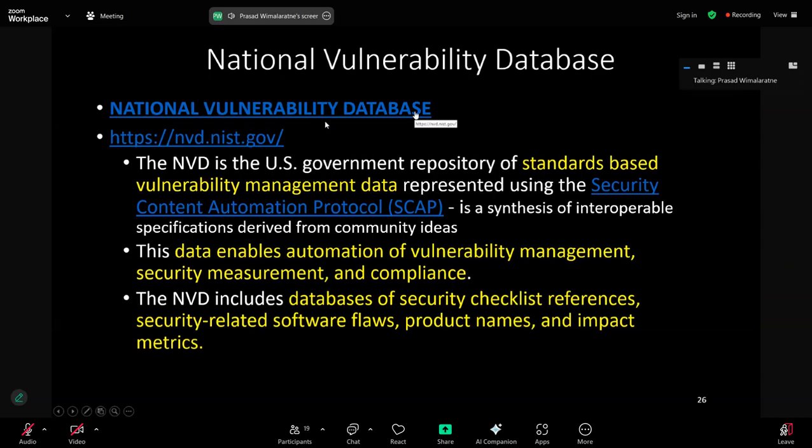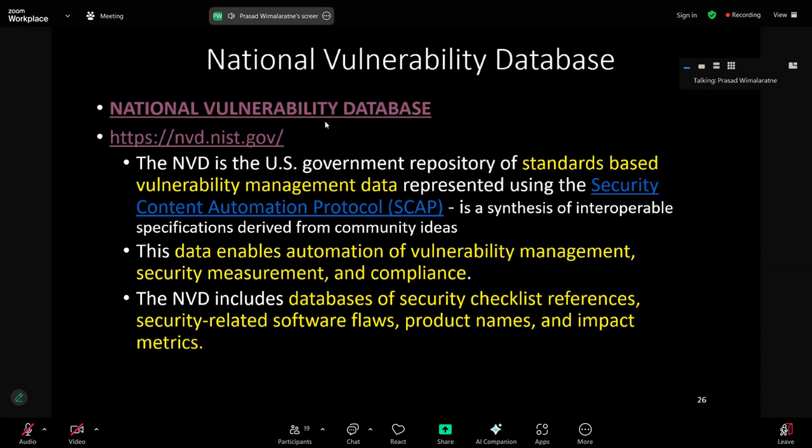It has quite useful information on standards-based vulnerability management data, which can be used for automation of vulnerability management, security measurement, and compliance. So it's quite a useful link to look at. So what we discuss in the lesson, when you look at the real world scenario, these links, let me show you very quickly again, so that will make sense actually.